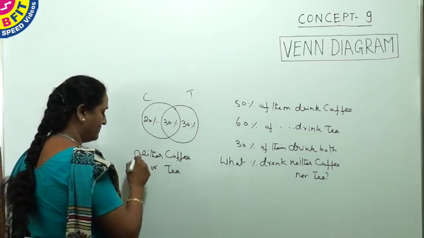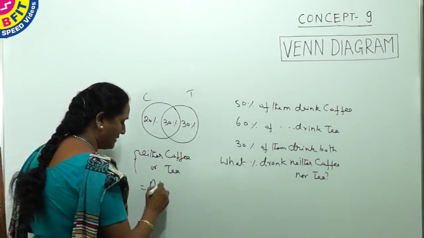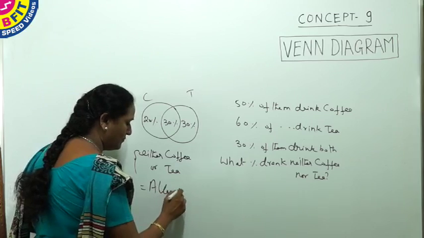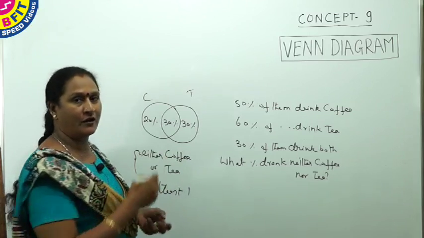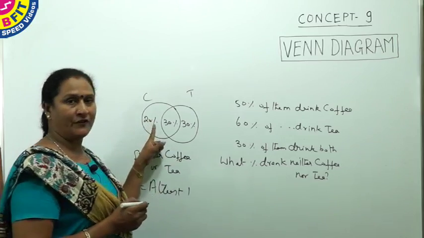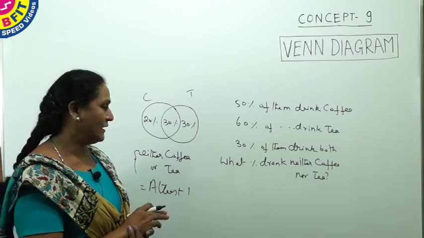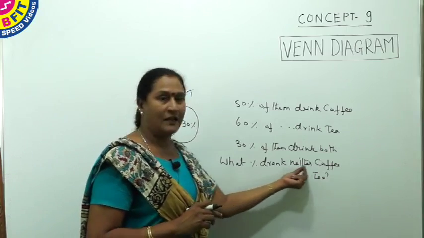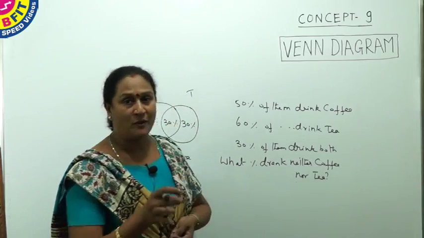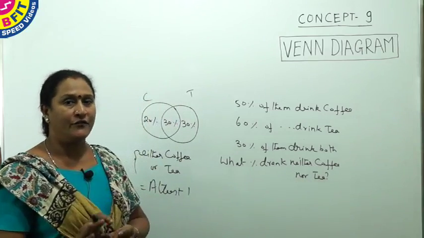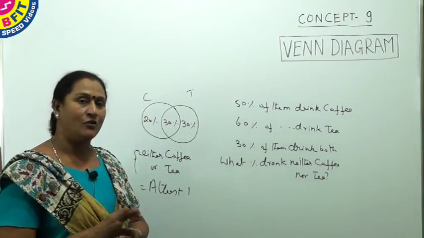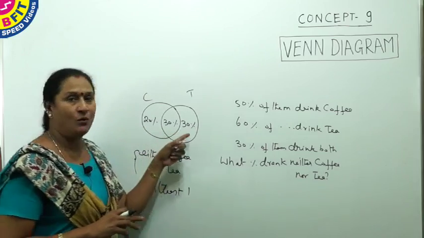So this is equal to, if they ask at least one, either coffee or tea. So they drink only coffee, only tea or both. At least one is one or more than that. And this is the part, neither coffee nor tea, the complement part, who don't drink coffee and tea.